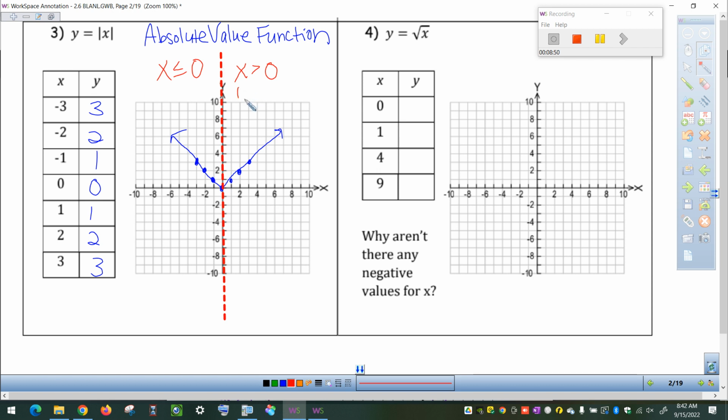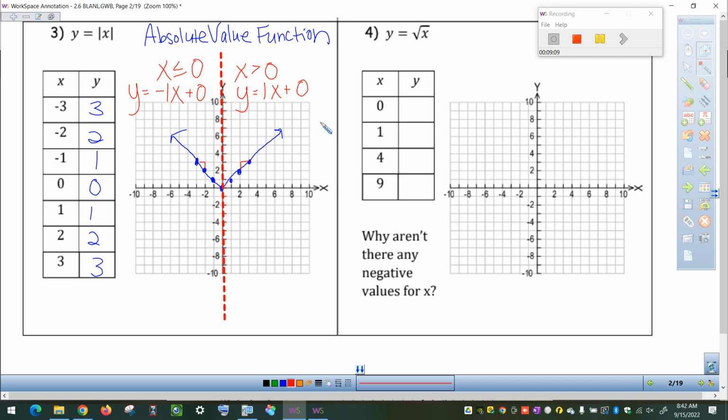And notice that the equation on this side is y equals positive 1x. It has a slope of positive 1. Y-intercept is 0. On the other side, the slope is negative 1. It's still up 1 over 1, but it's being a negative slope instead of a positive slope. That one still has a y-intercept of 0.